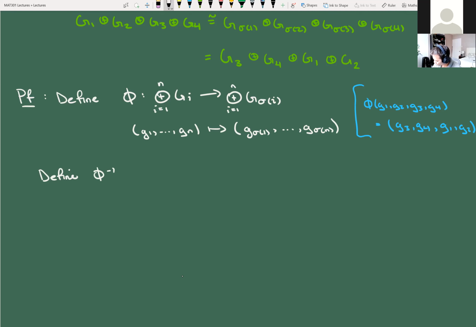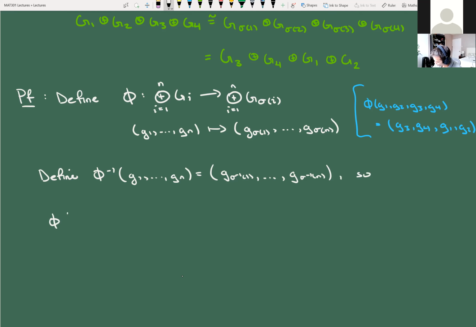So I'm going to define phi inverse, which takes (G1, ..., Gn) and maps it to (G sigma inverse of 1, ..., G sigma inverse of n), because sigma has an inverse. Every element of Sn does because it's a group.